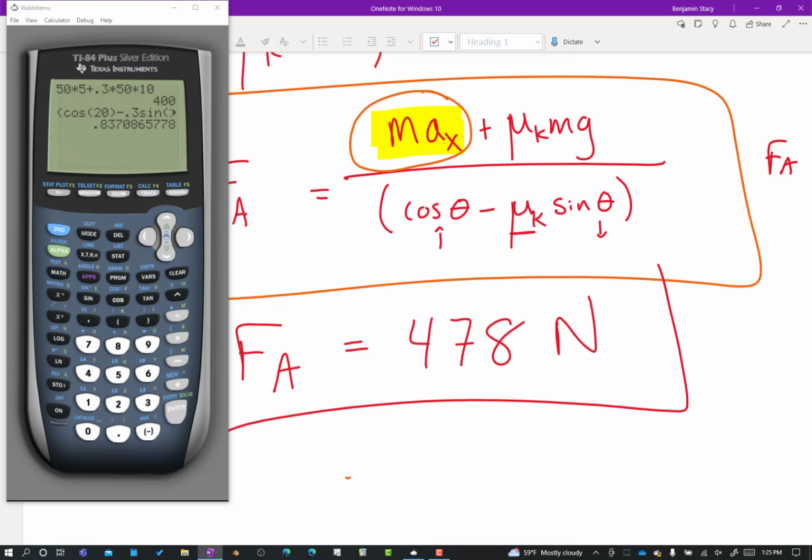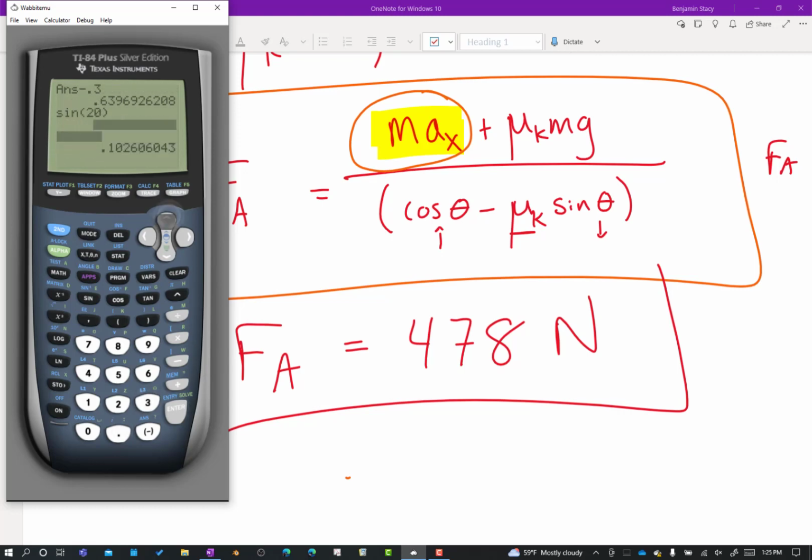These are all just little logic checks. Cosine 20 is 0.93. If sine 20 degrees were really small, the biggest thing I could subtract would be 0.3, which would give 0.639. But sine 20 degrees should be really small, right? So that times mu k, which is 0.3, is 0.1.